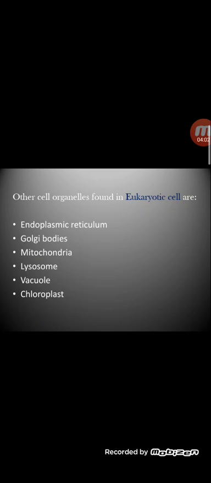Now, these are some cell organelles found common to both prokaryotic and eukaryotic cells. Now you know that eukaryotic cells are more complex than the prokaryotic cells. So some other cell organelles found in eukaryotic cells are endoplasmic reticulum, Golgi bodies, mitochondria, lysosomes, vacuole and chloroplast.